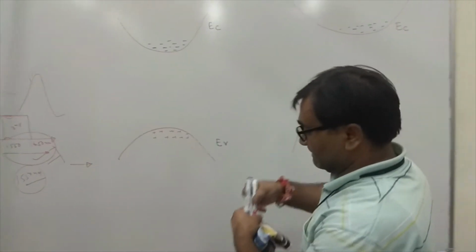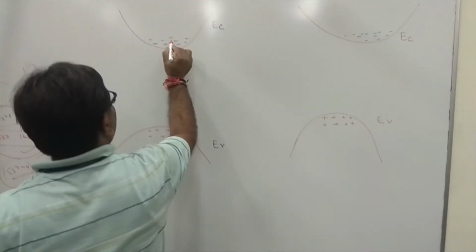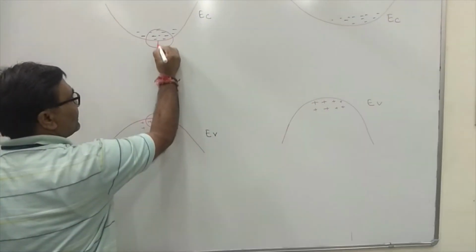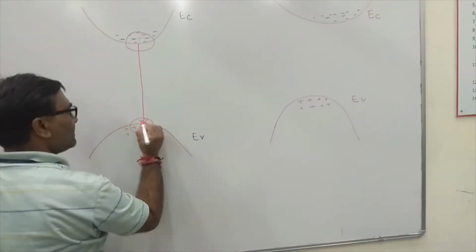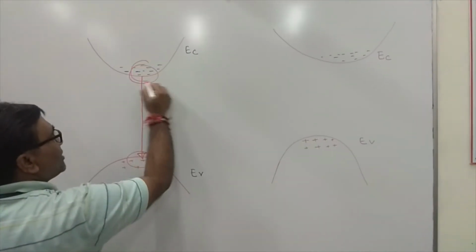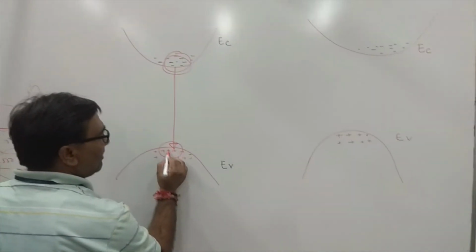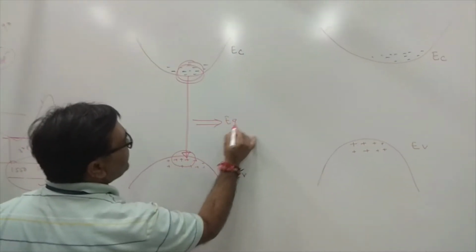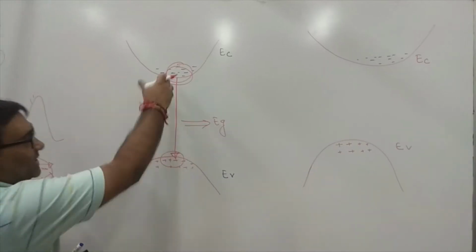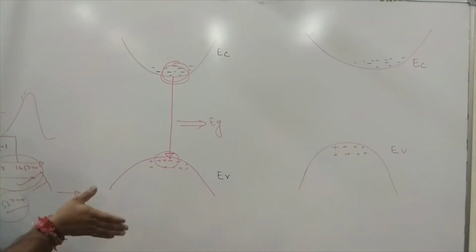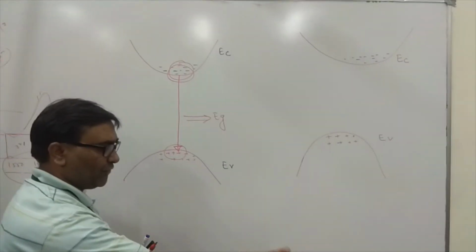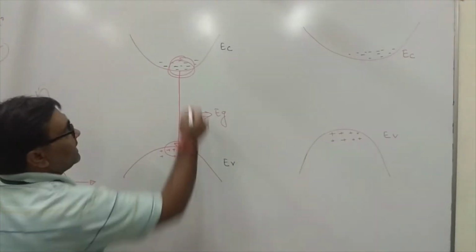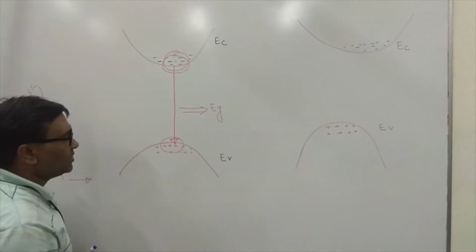You can see that this and this portion are directly aligned, right? So this electron directly recombines with this hole and produces energy, let us assume Eg. This is the condition where your friend is directly in front of you. Hello, how are you? No energy is wasted, directly recombination. Very good, fantastic.